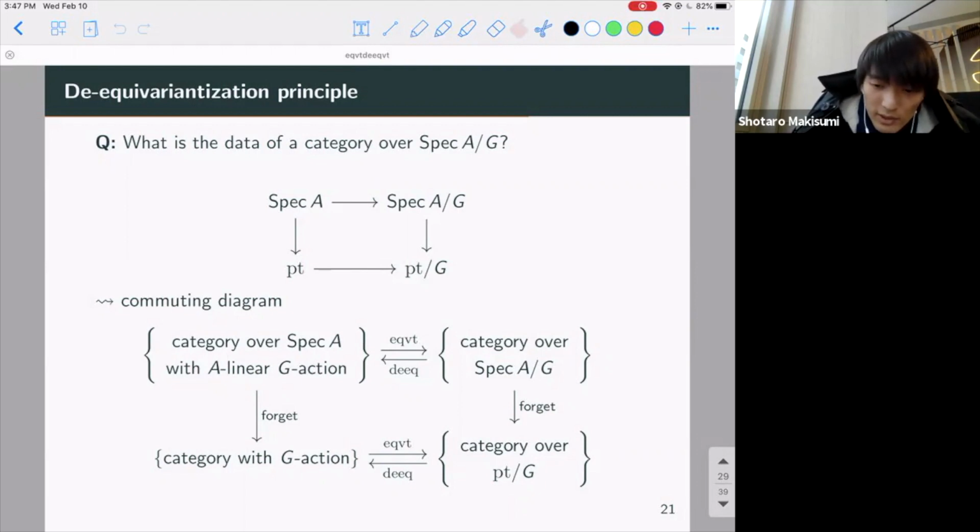So that means that if I want to define a category over spec A mod G, then I can do it in two steps. First, I can specify a category over point mod G. And then I can de-equivariantize. On the de-equivariantization, I can give an A-linear structure.